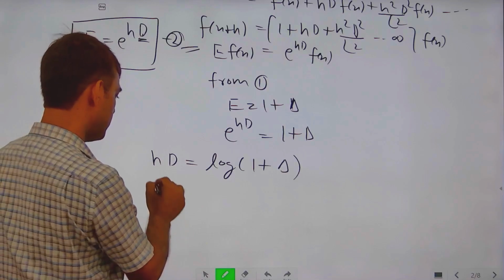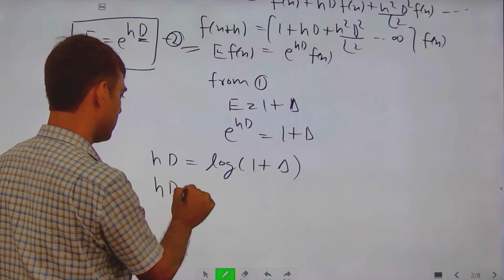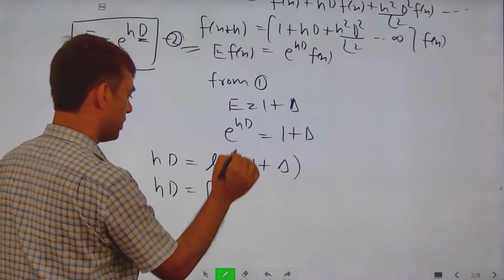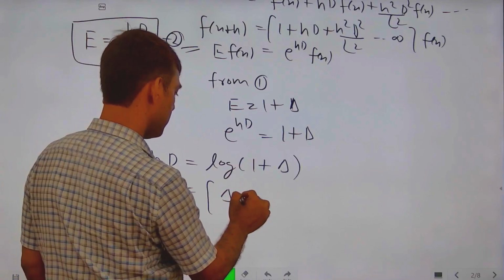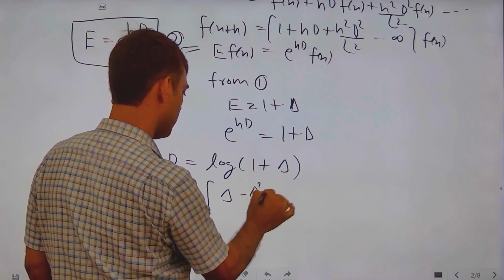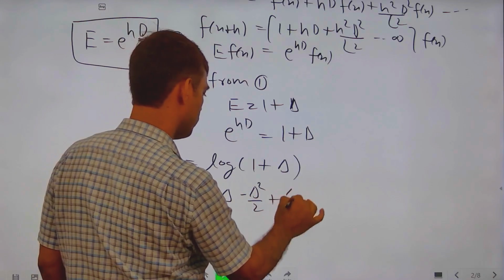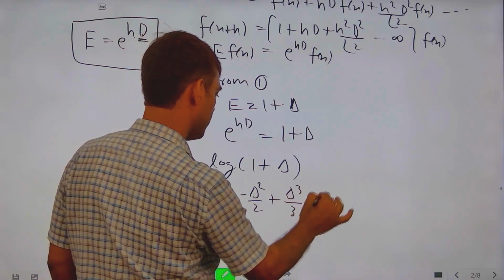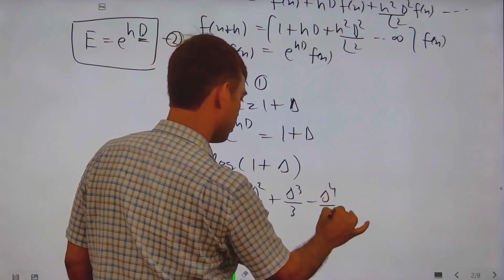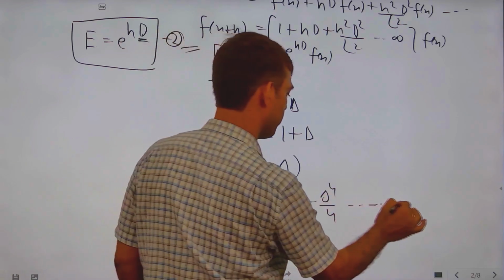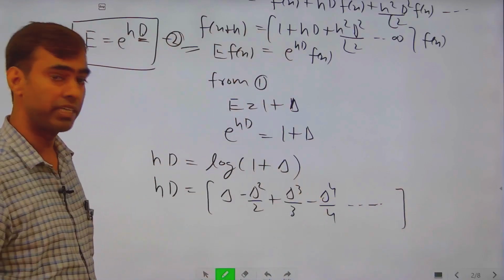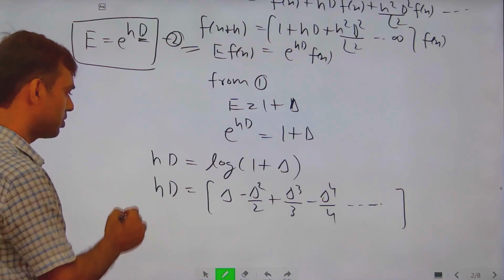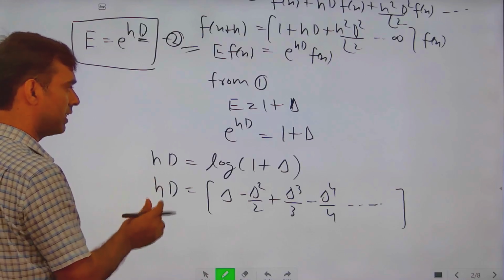So, if we expand this, h D becomes delta minus delta square by 2 plus delta cube by 3 minus delta to the power 4 upon 4 and so on. This gives the value of the derivatives.